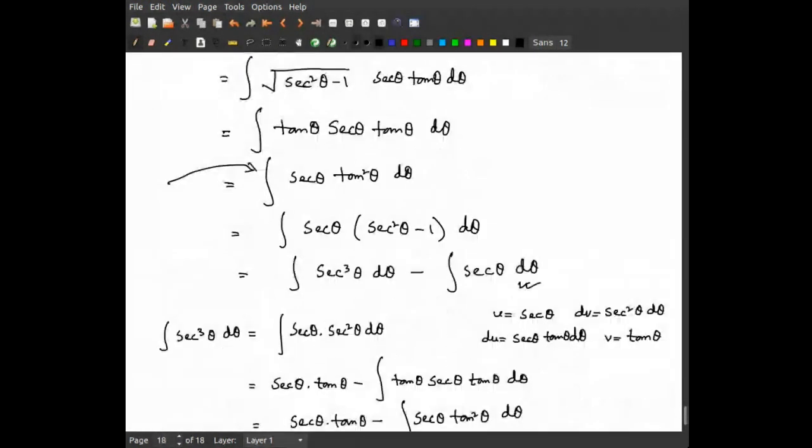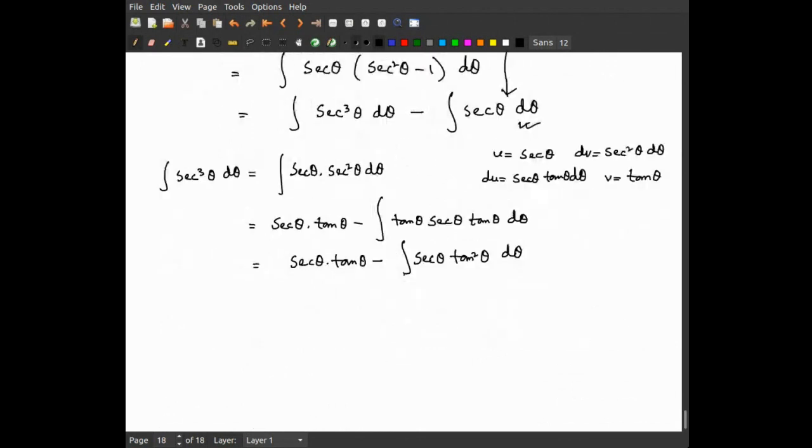Definitely these two things are equal, right? Because they are equal, definitely I can write this, that the integral of secant theta times tan square theta d theta equals the integration of secant cube theta d theta minus the integration of secant theta d theta.